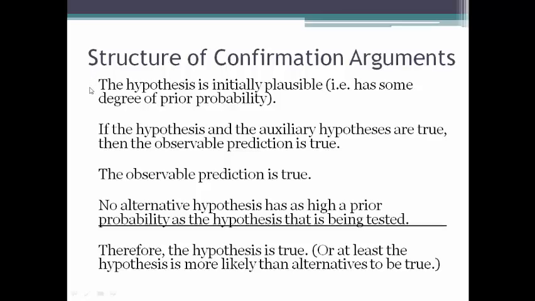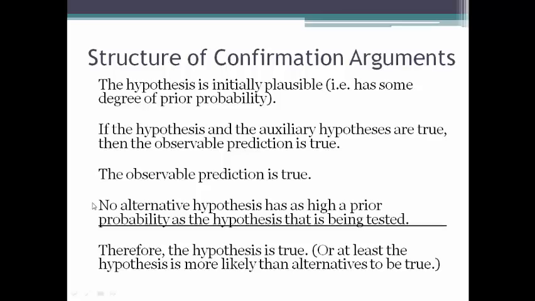We don't think it's near impossible that the hypothesis is true. We probably wouldn't bother testing such a hypothesis. Second premise: if the hypothesis and the auxiliary hypotheses are true, then the observable prediction is true. And this was the premise we saw before when we looked at the hypothetical deductive method right after talking about auxiliary hypotheses. Premise 3, the observable prediction is true.